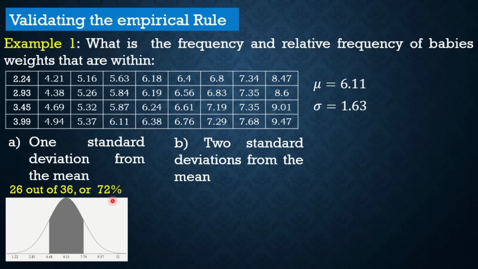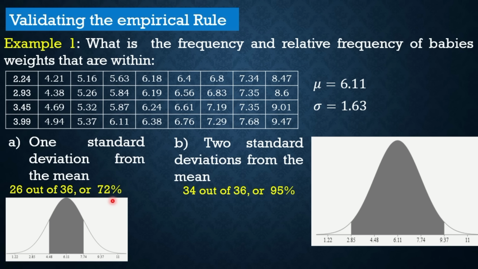So, next is the two standard deviation from the mean. So, gawa rin ulit tayo. So, mula dito, ito yung 95% of the data. This is the 95% of the data mula sa 2.85 up to 9.37. So, kapag binilang natin ito, mula 2.85, mag-start tayo kay 2.93.